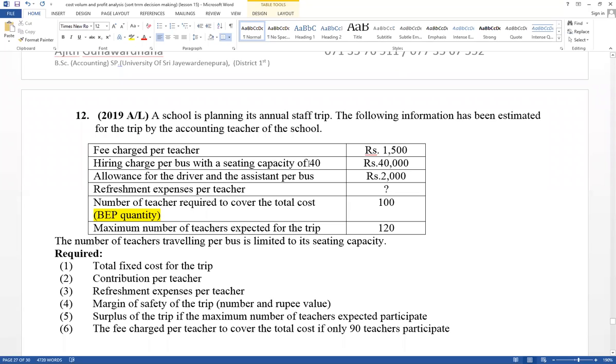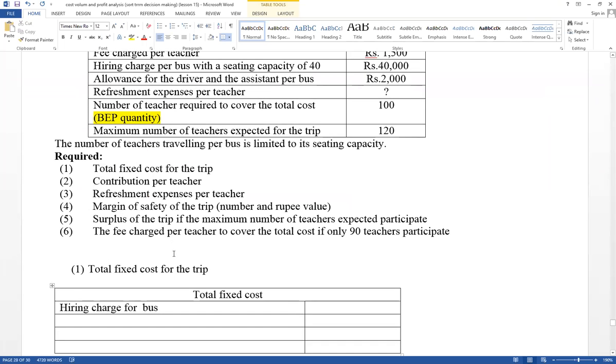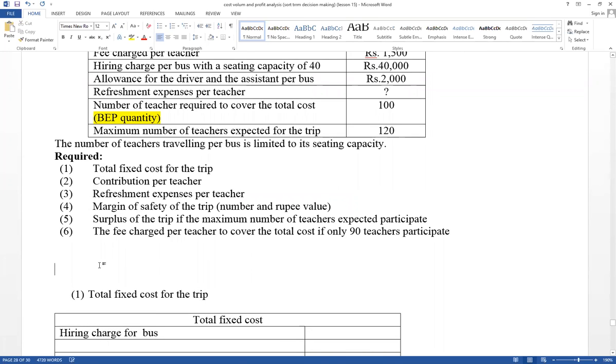Seating capacity 40, and expected teachers 120. Think about how many buses are required. 120 teachers participate, but seating capacity per bus is given as 40. Therefore, the number of buses is 3.